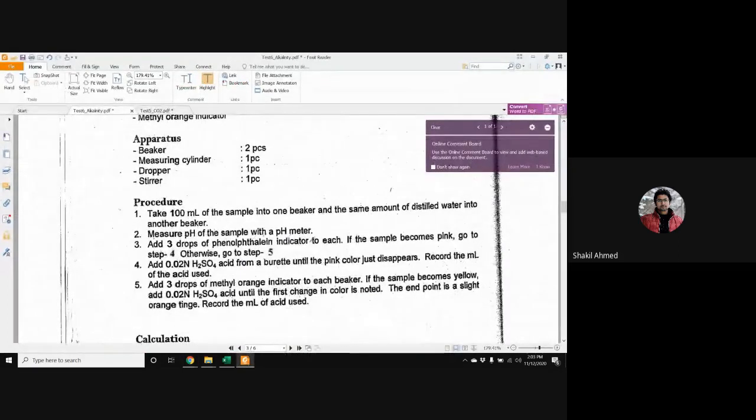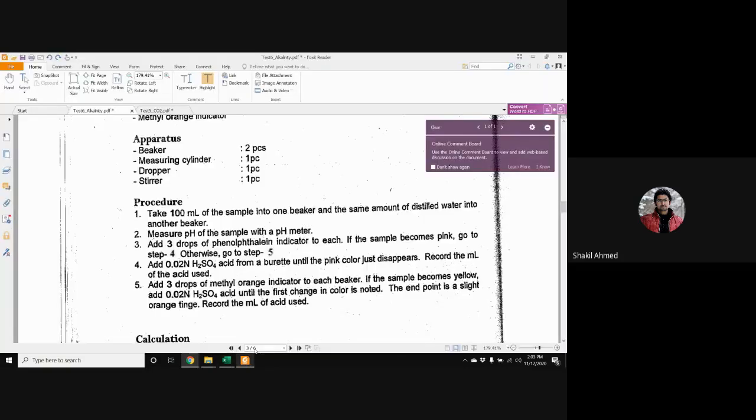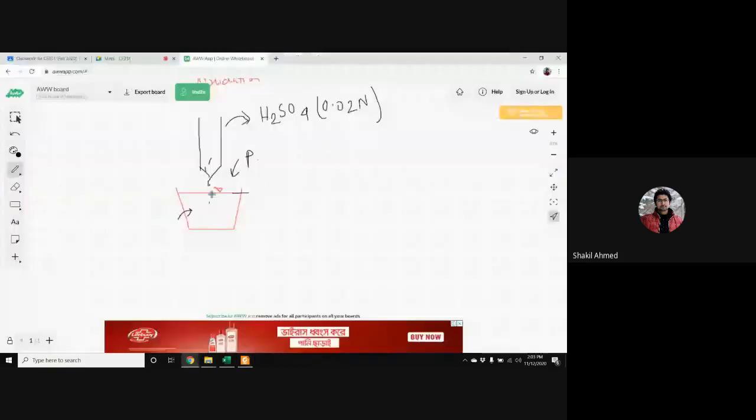We may use sulfuric acid here, 0.02 normal. So H2SO4, 0.02 normal concentration. So you add acid. For example, your pH was greater than 8.3, for example 10.